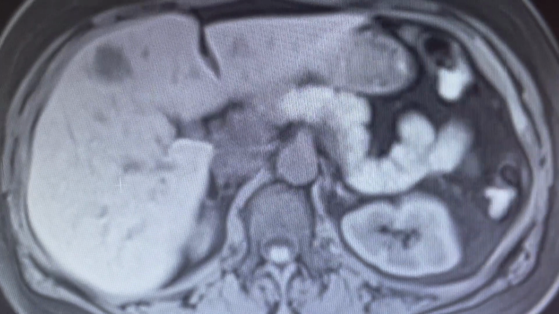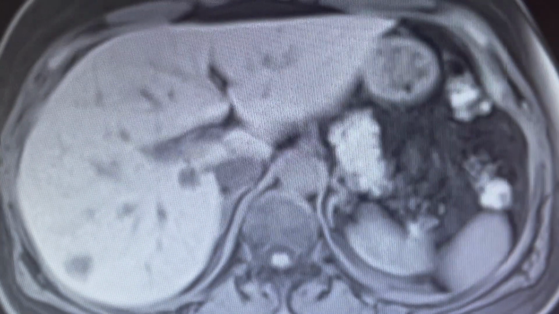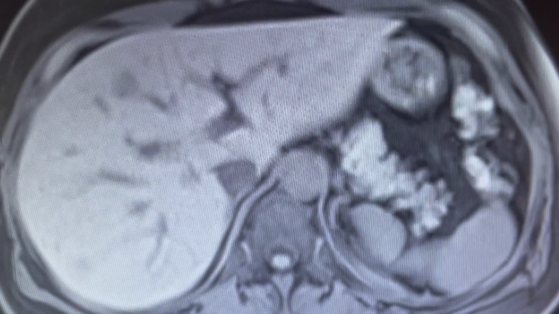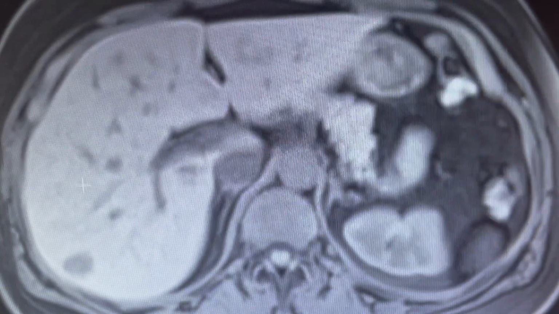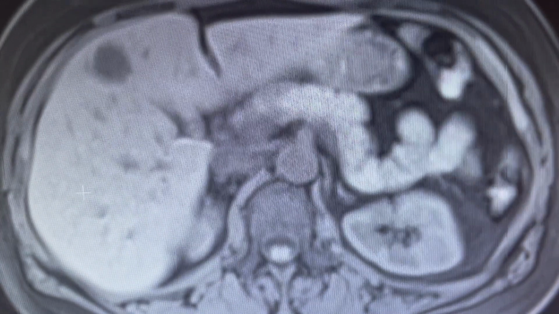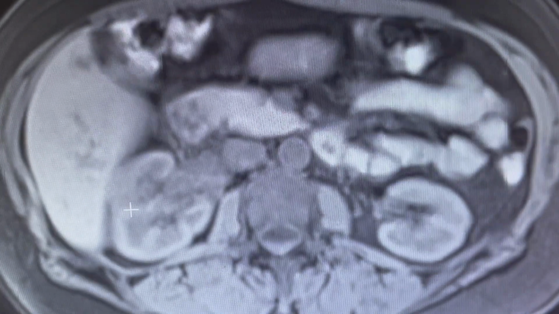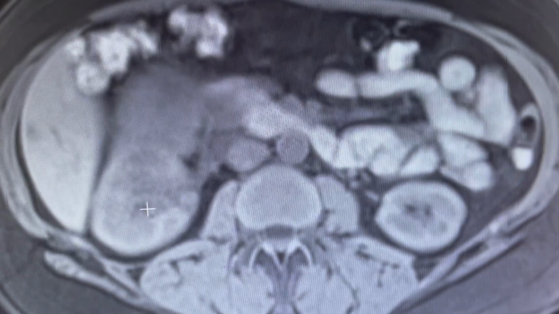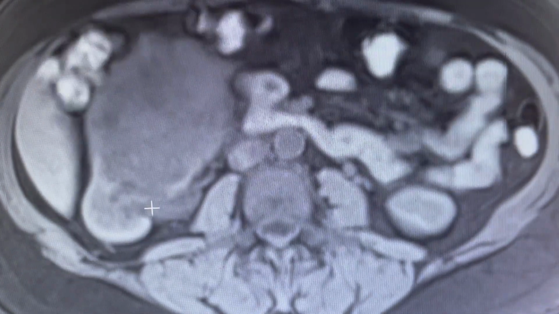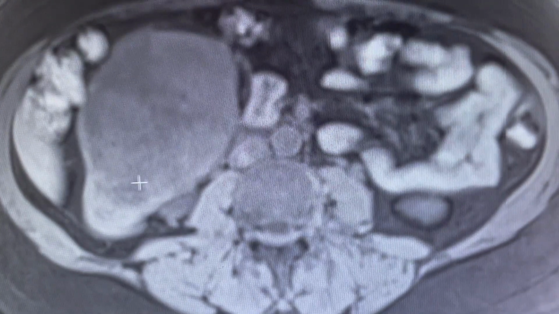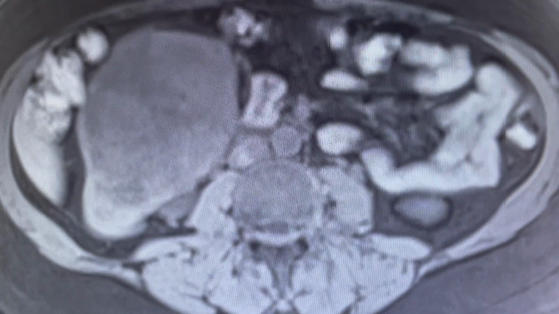Again, we're looking at these lesions in the liver, and on the non-contrast T1 weighted fat suppressed images, we see about 10 lesions. On the T2 weighted image, we saw about 15 lesions that were well defined in high signal intensity. And as we page through, we see the large mass arising from the right kidney.